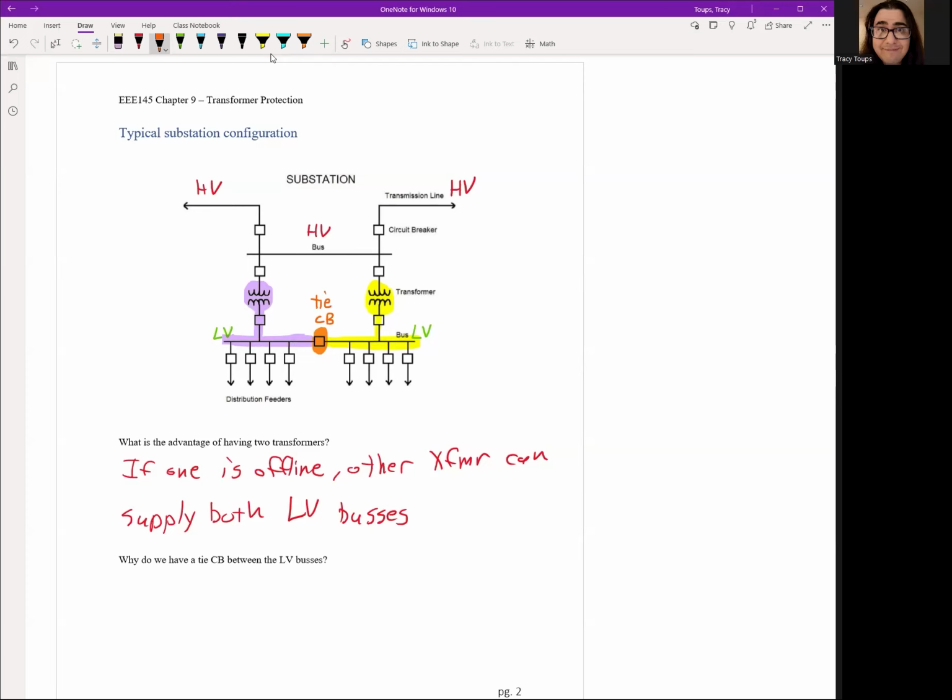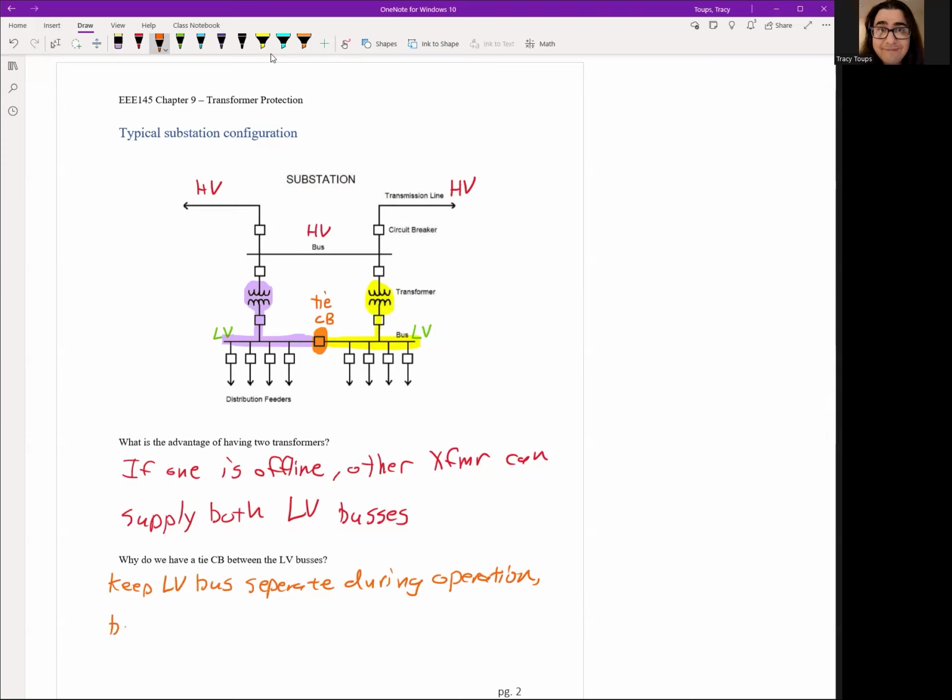So why do we have a tie CB between the low voltage buses? It's to keep the low voltage buses separate during operation. We just talked about why: in case something fails, you don't want to knock everybody out. You just want to knock half of the people out.